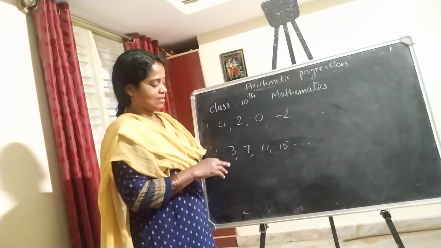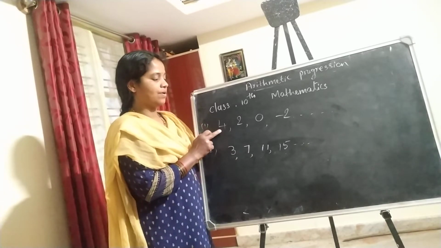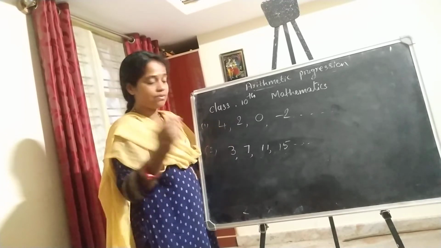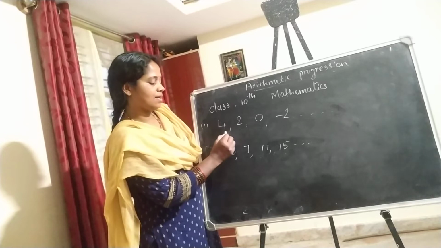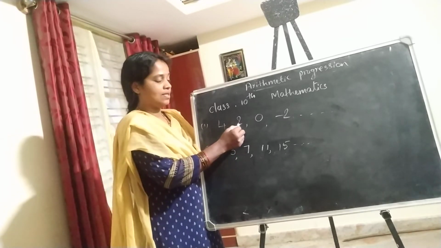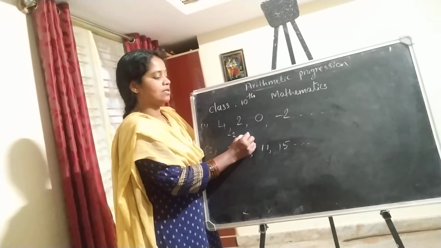Let us see the first example. 4 minus 2 is 2. What did I do? From 4, I subtracted 2, which gives 2. Next, 2 minus 2 is 0. Again I subtracted 2.